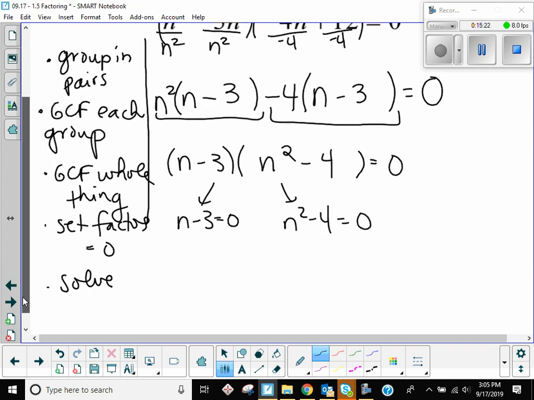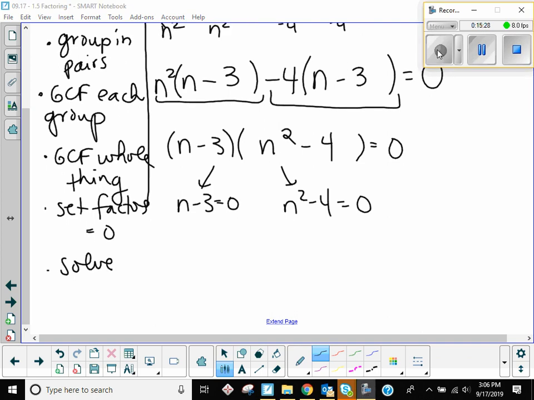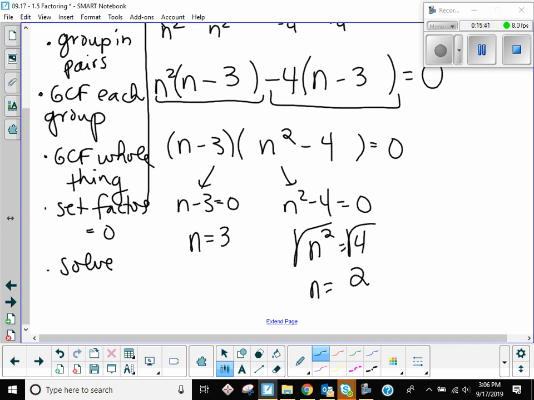So take a second and do that, please. Solving this one gives me n equals 3. Solving this one, I move the 4 over. I square root both sides, and I get n equals what? What kind of 2? Plus or minus. So there's my 3 solutions.